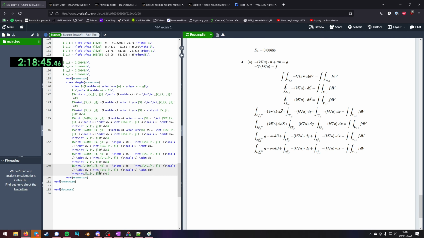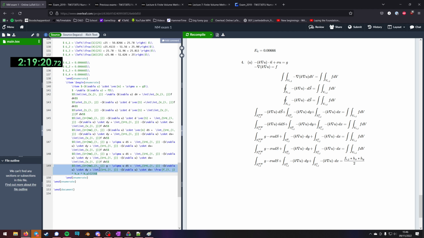So it is Fij over 2, or Fij times hx times hy over 2. And I'm going to make this a nice fraction. Right, so that's the right side approximated.